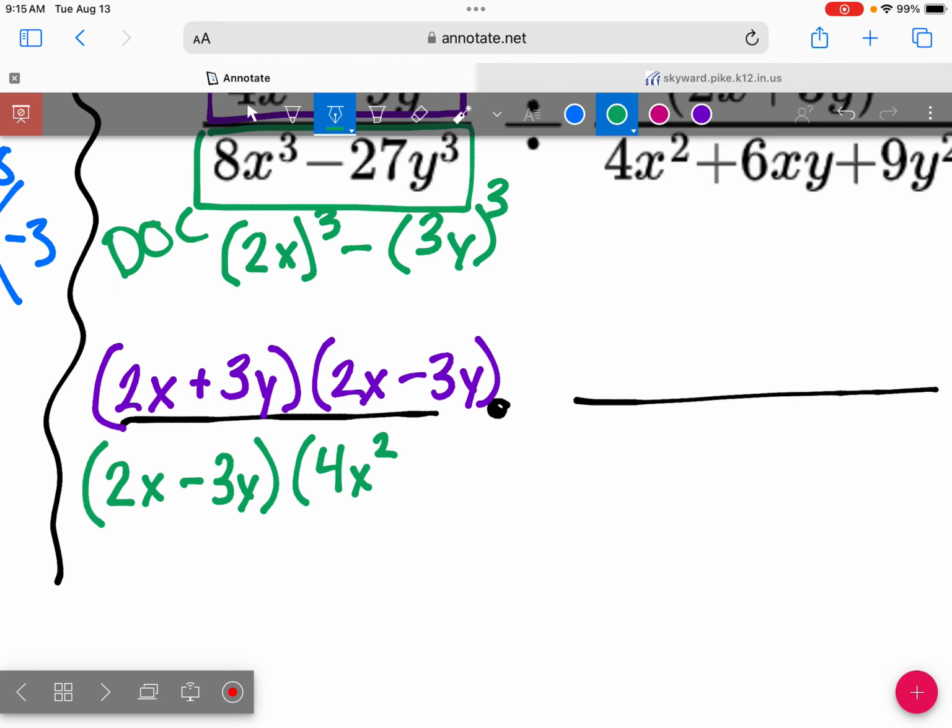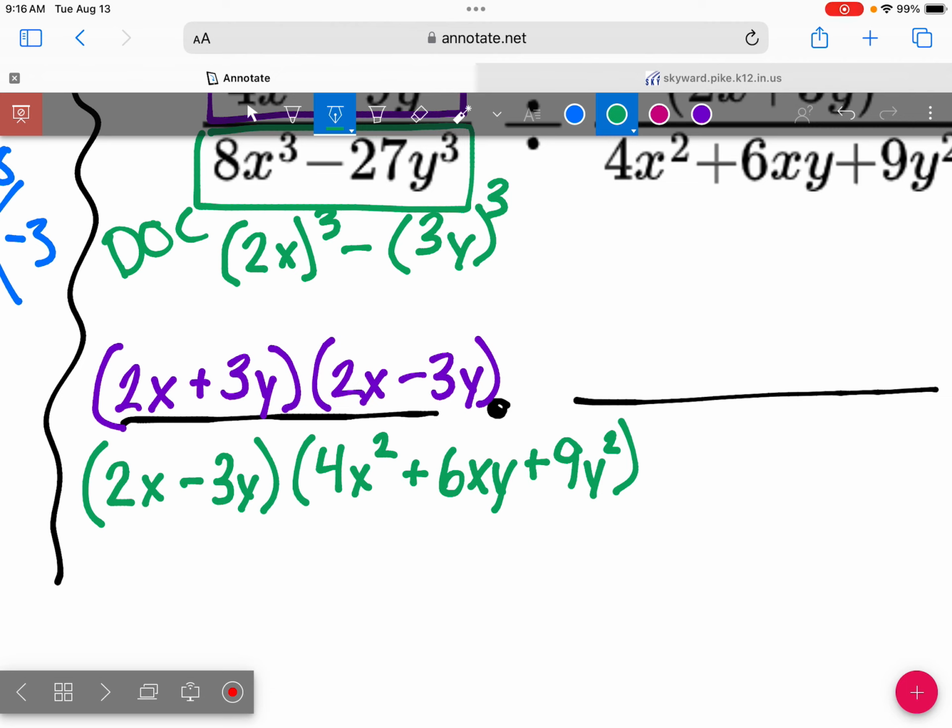So we did our same sign. Now we're doing our opposite signs. We're going to have a plus. My A term times my B term. So my 2x times my 3y gives me 6xy. My last sign is always positive. So we get another plus. And I take my B term squared, 3y squared, which is 9y squared. So our difference of cubes is going to take some practice, and it's going to show up in these quite a bit.